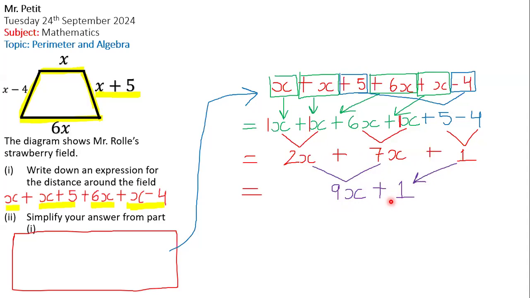Does that rule always apply, to bring the whole number down to the end? Yeah, that always applies. We always put the numbers to the end. The whole numbers. So if it was 5 plus 4, then it'll be 9. Yes, we do the operation.